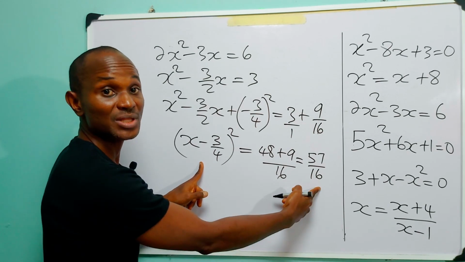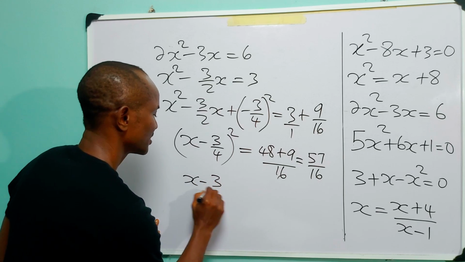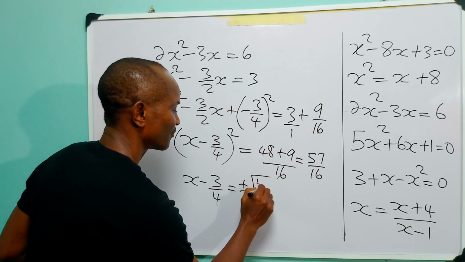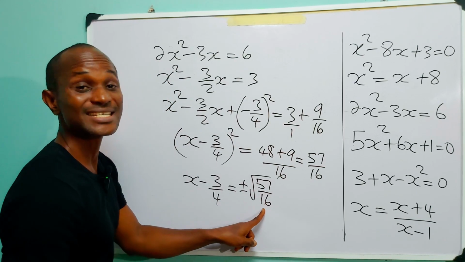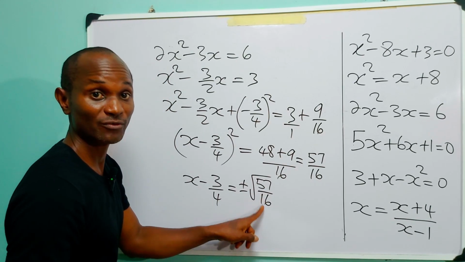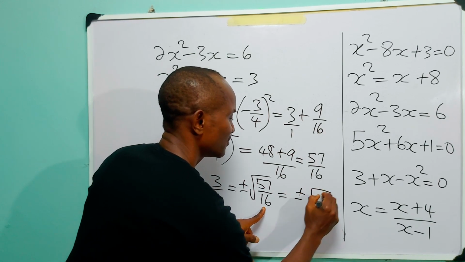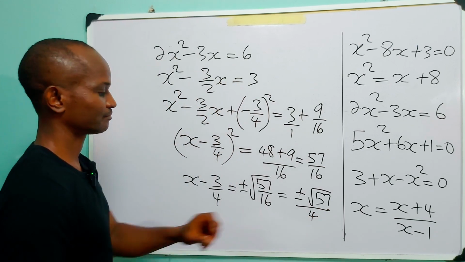The next step is to take square root of both sides. So you have that x minus 3 over 4 is equal to plus or minus square root of 57 over 16. But since this is a perfect square, we can bring it out from under the square root sign. So this is equal to plus or minus square root of 57 divided by 4.